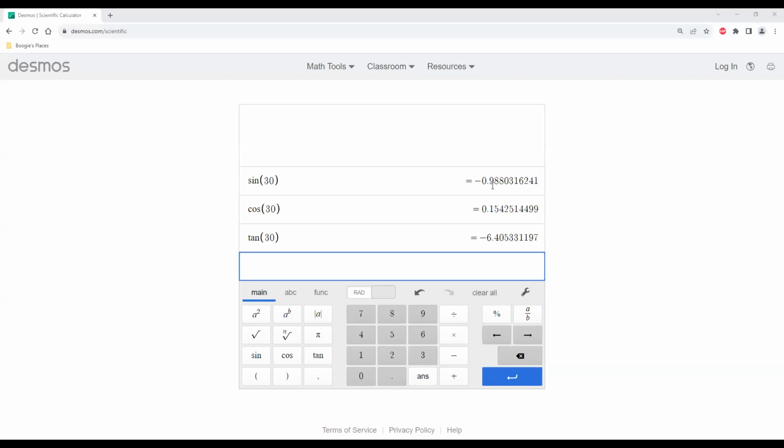What did we work out on the calculator? We worked out the following values: minus 0.988, plus 0.154, minus 6.4.